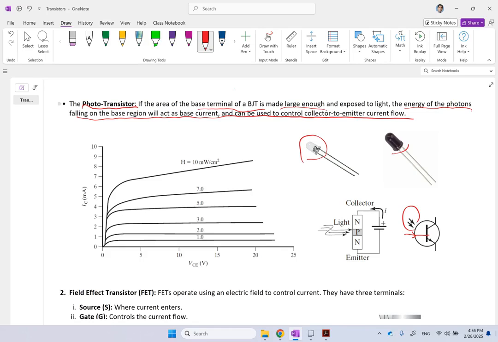So these phototransistors are used in lots of different devices, including optocouplers and optical encoders, where on one side you have these LEDs that are emitting light, correct? So these LEDs are shining light, and then you have this wheel here with these holes in it.